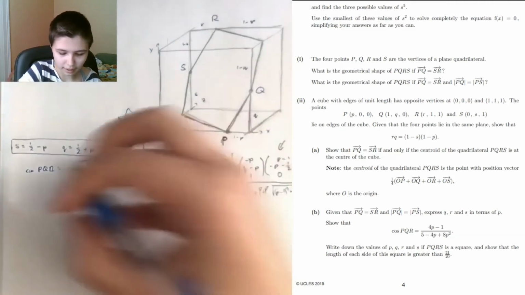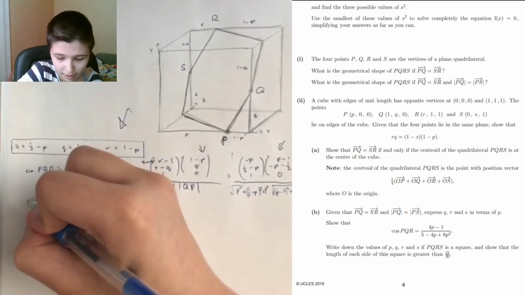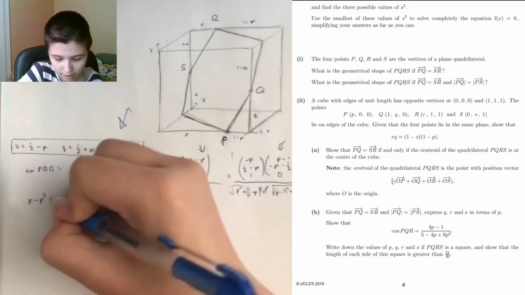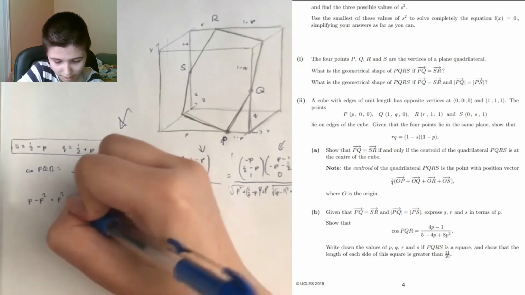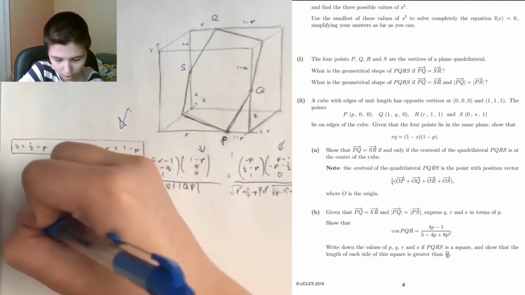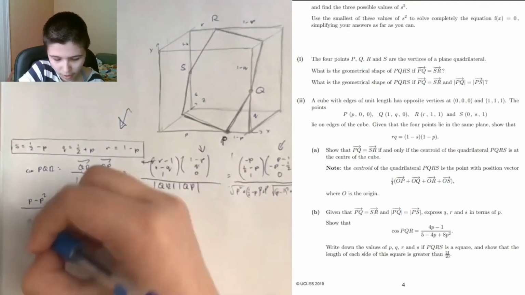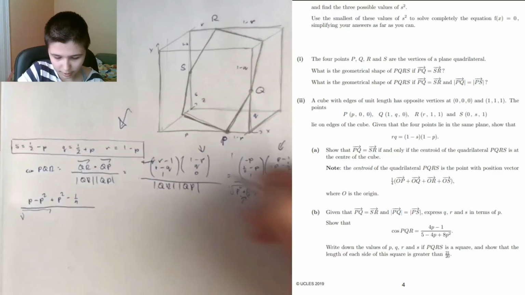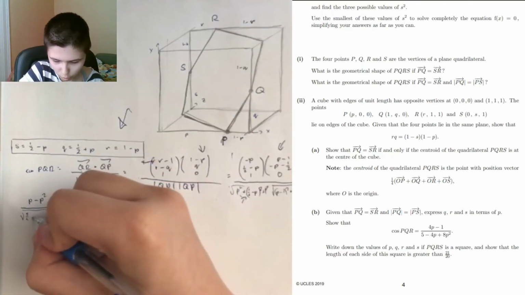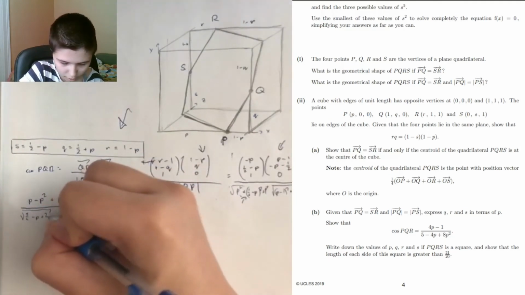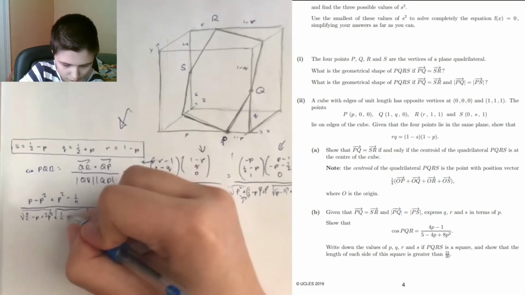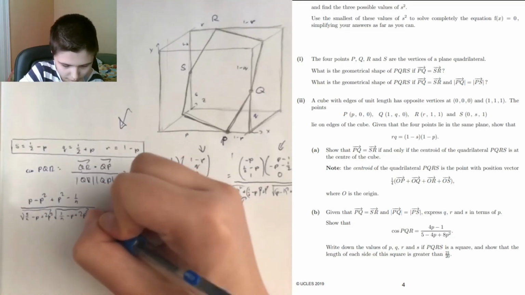Then expanding the top part, that's going to be P minus P squared plus P squared minus a quarter, over, expanding all of these roots, root 5 quarters minus P plus 2P squared times the root of 5 quarters minus P plus 2P squared.